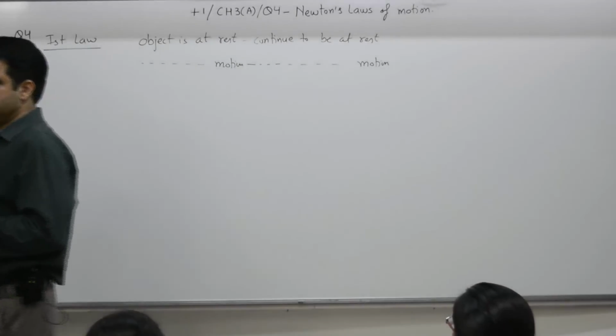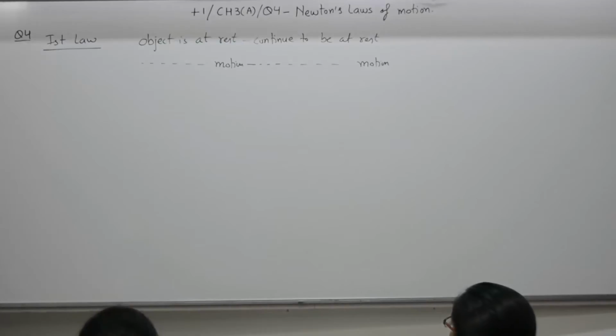This is known as Newton's first law. According to this law, a body continues in a state of rest or of uniform motion along a straight line unless it is acted upon by some external force to change its state of rest or motion. Second law.